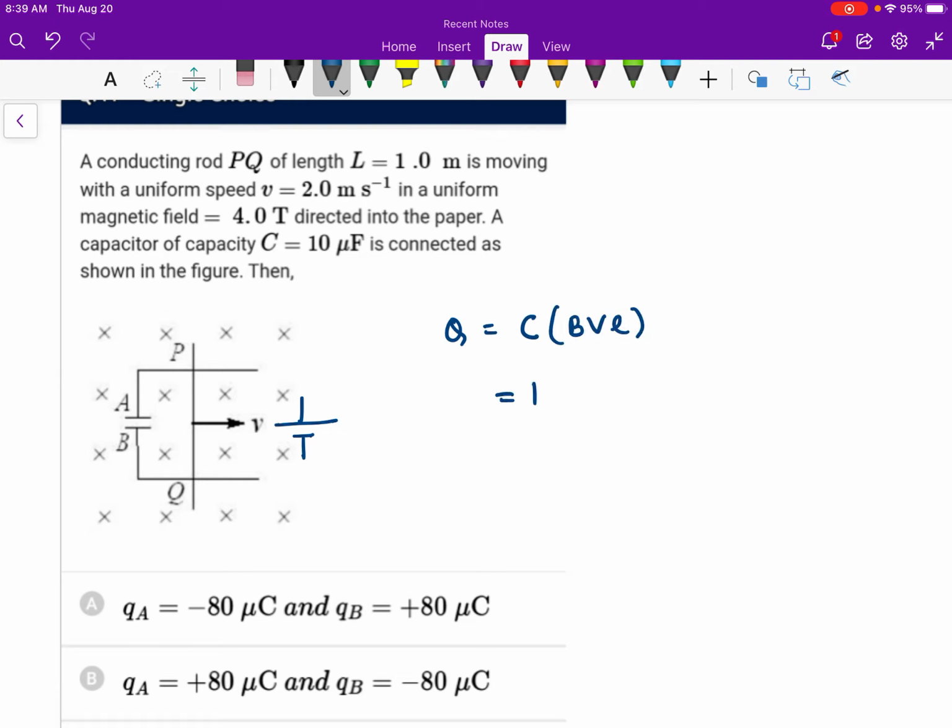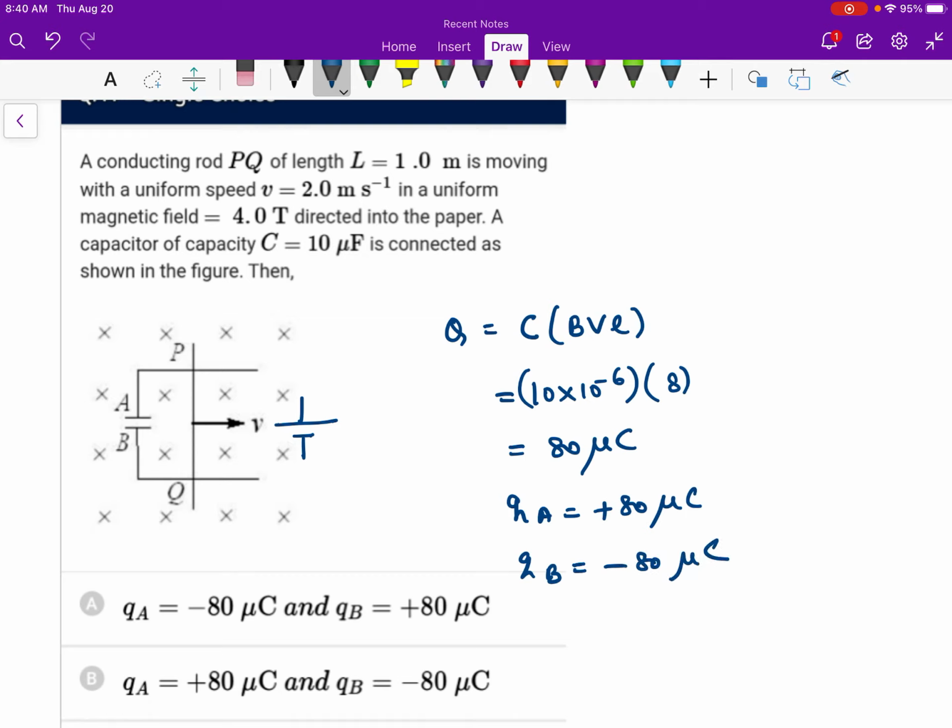So C is 10 microfarad and BVL is 4 into 2 into 1, so 8. So this is 80 microcoulomb. So QA is plus 80 microcoulomb and QB is minus 80 microcoulomb. So B is the correct option.